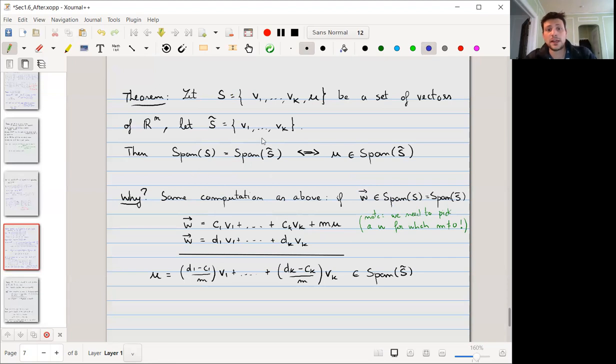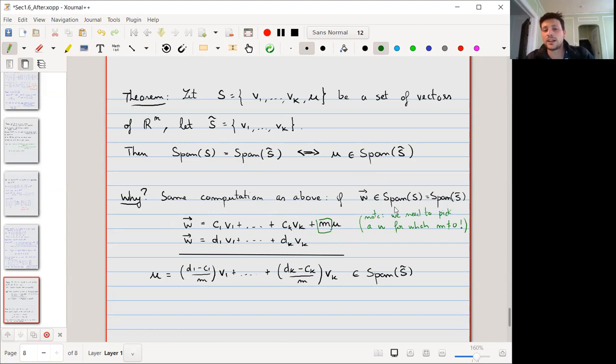If these two spans are the same, then you may pick a W for which, and we need to be a little careful, at some point in the computations above, we divided by m. So we need to make sure that we can pick a W for which m is non-zero, but we can do that.